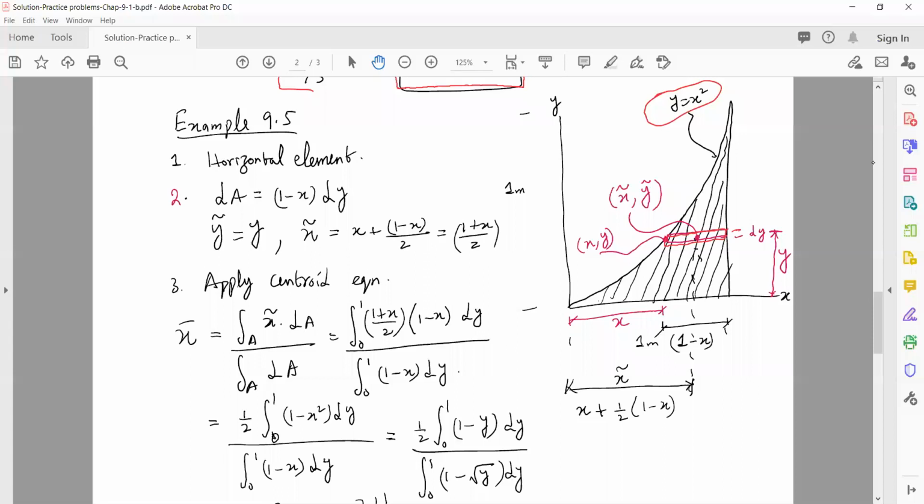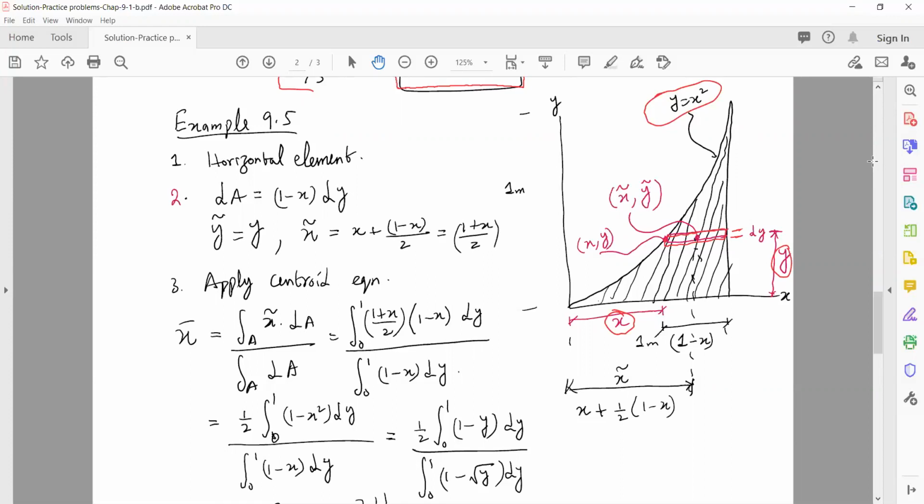So now the thickness is dy, right? And now it's here, so we can say that the distance x is the start point of this element. Let's take this as x, and let's take this as y, where y is the distance until the centroid.